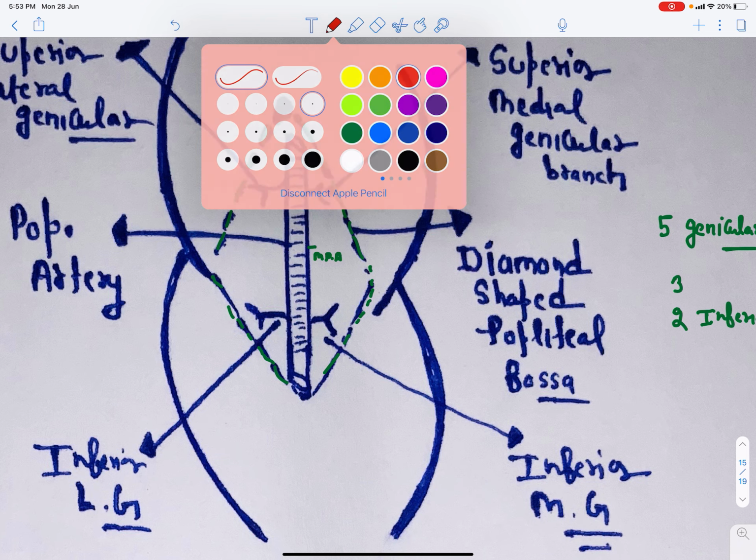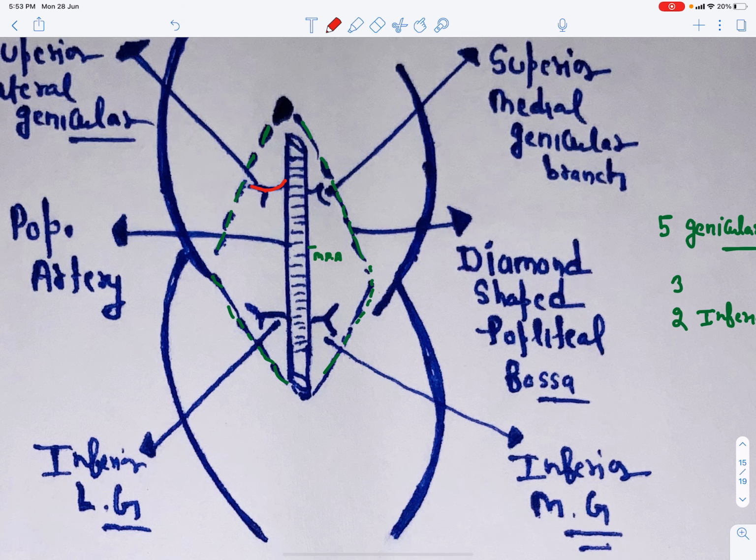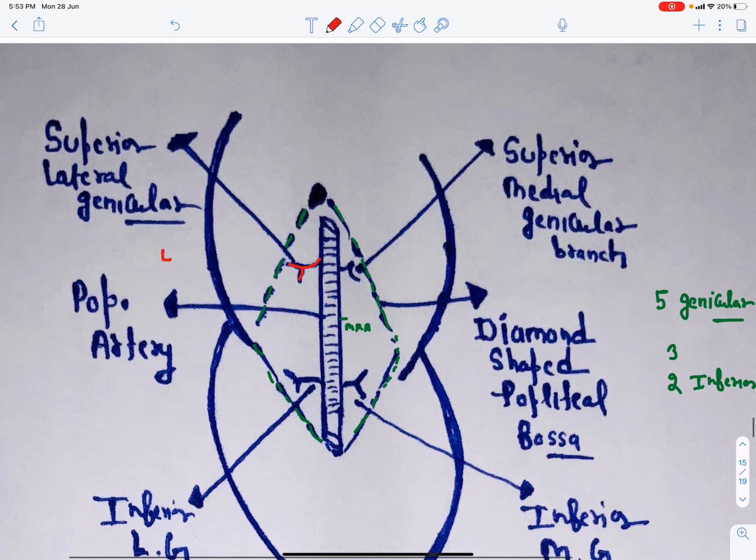I will show you in red color. This side we have the lateral side, and this side we have the medial side. So toward the lateral side on the superior aspect, it is called the superior lateral genicular artery.